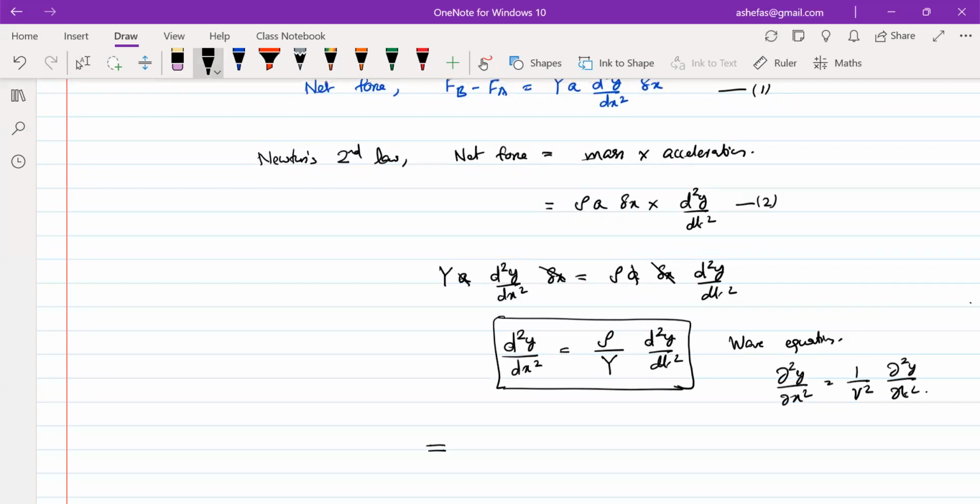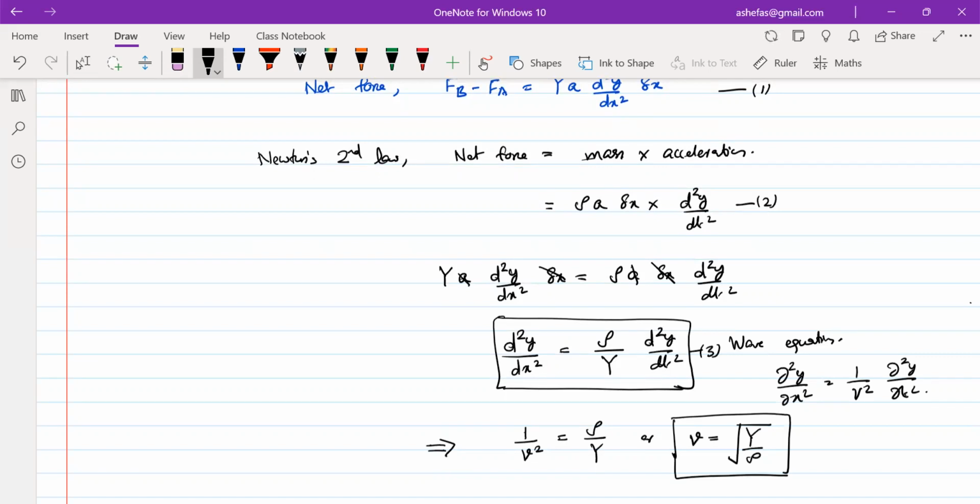So this equation, equation number 3, represents the wave equation, and 1 by v square is equal to rho by Y, or the speed of wave would be equal to square root of Y by rho. The speed of a longitudinal wave in a rod is given by square root of Y by rho.